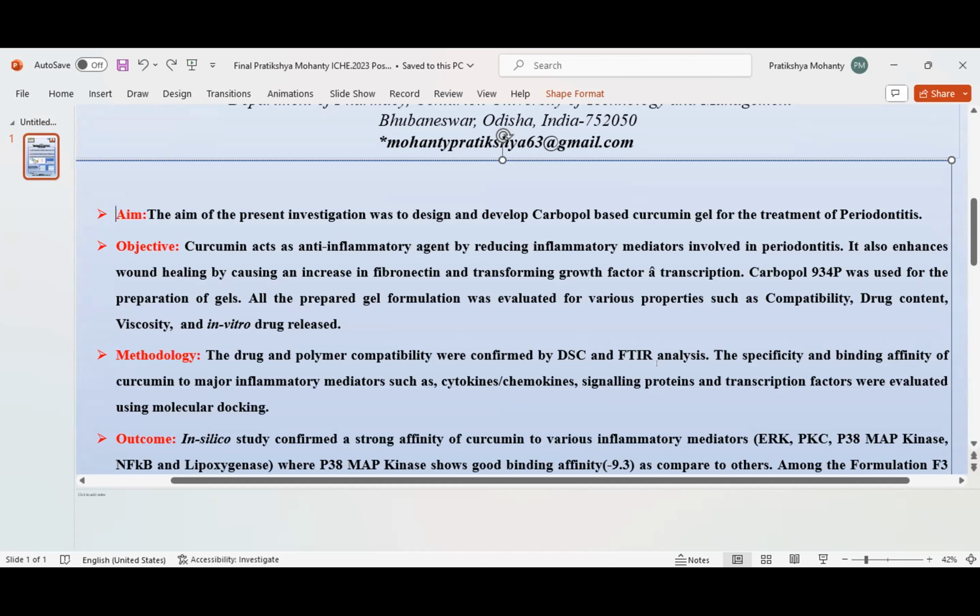I am using the DSC and FTIR study in this experiment because there is a binding affinity of curcumin for the major inflammatory mediators such as cytokines, chemokines, which are signaling proteins, and the transcriptional factors, which is evaluated by using docking.